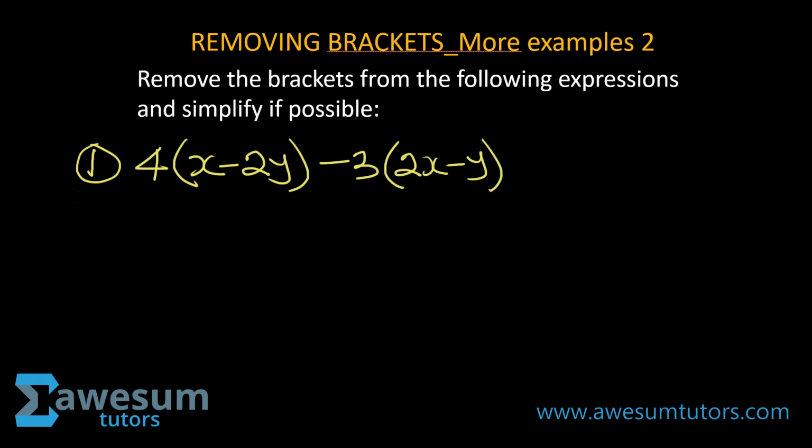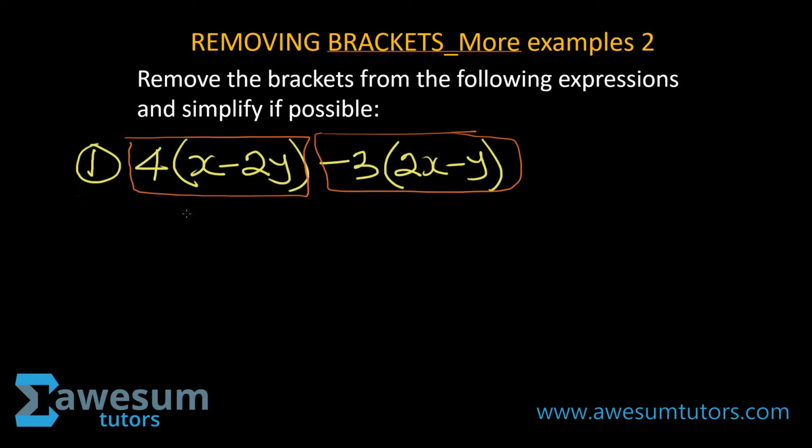You realize in this case we have 2 brackets. We have this right here that we will need to remove the bracket, and we also have this right here that we will need to remove the bracket.